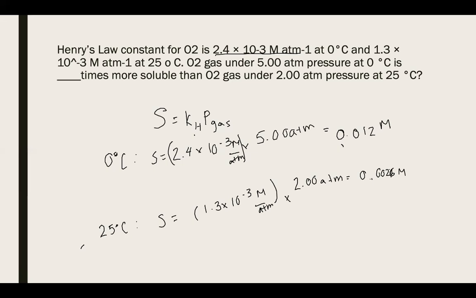It's asking how many times more soluble it is. In order to figure that out, you just divide the solubility of the first one at 0 degrees Celsius by the solubility of the second one at 25 degrees Celsius. So you would do 0.012 molar divided by 0.0026 molar, and that is 4.6.